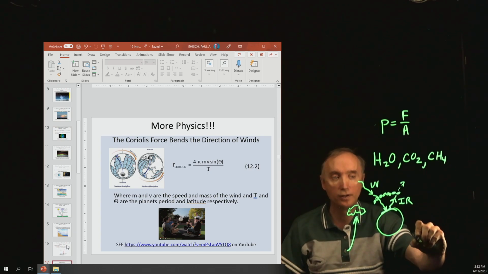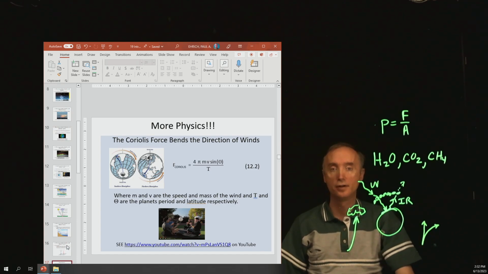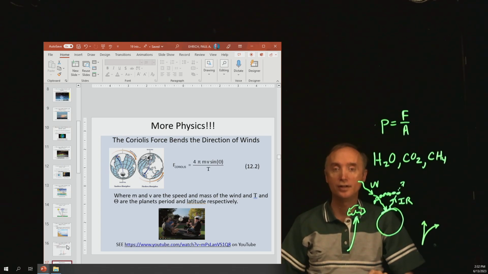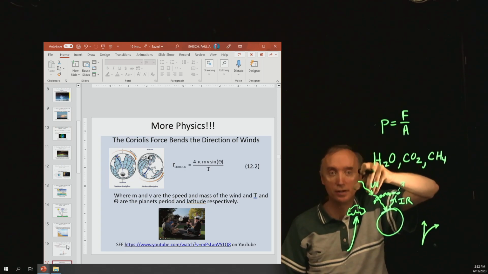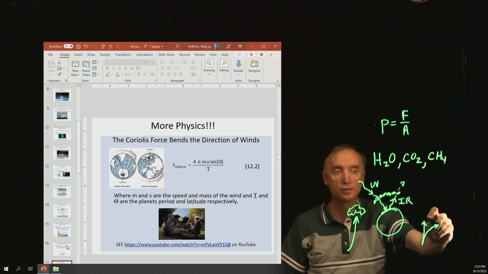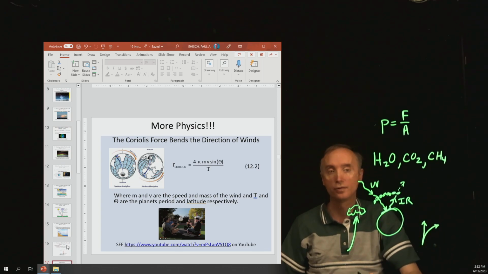So if a wind is trying to blow from south to north, it's going to be pulled off course like this. It's going to be bent to the right because of the Coriolis effect. The Coriolis effect is because the earth is spinning. Because the earth is spinning, it makes wind systems veer to the right in the northern hemisphere.